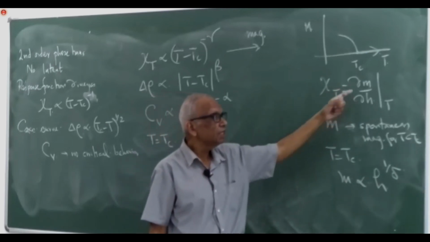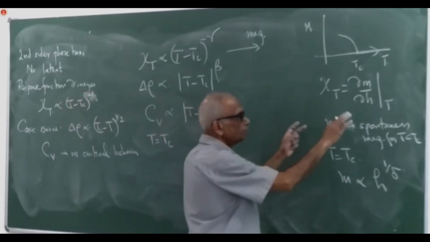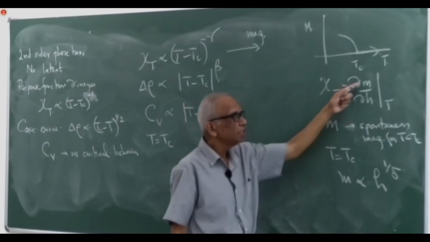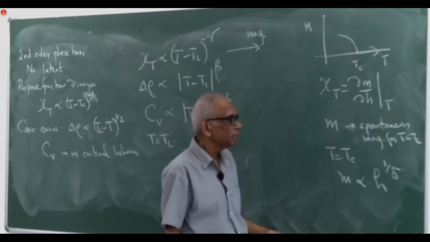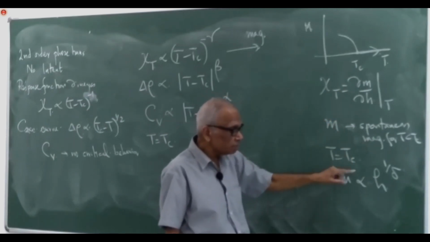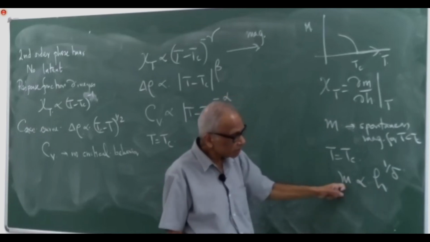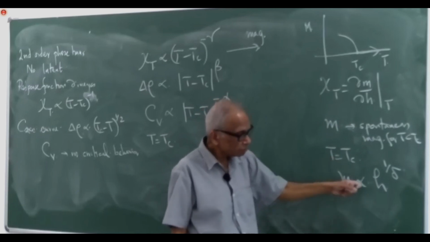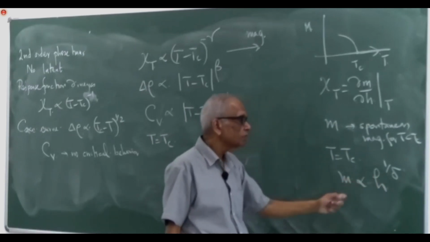And this del M del H has to do with the fluctuating part above Tc and also below Tc, but below Tc there is a question of a spontaneous magnetization. If I put in an external field H, then the magnetization at T equal to Tc would not be equal to 0, but would be proportional to H to the power 1 over delta.